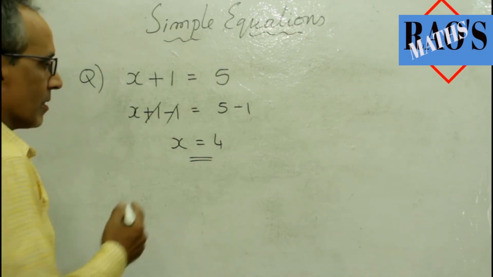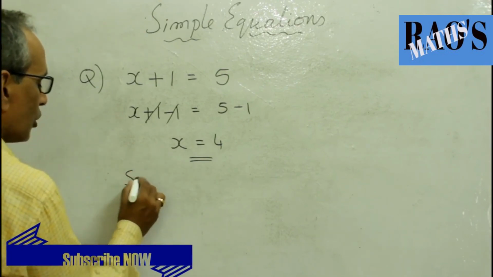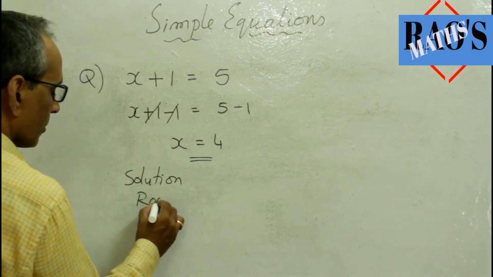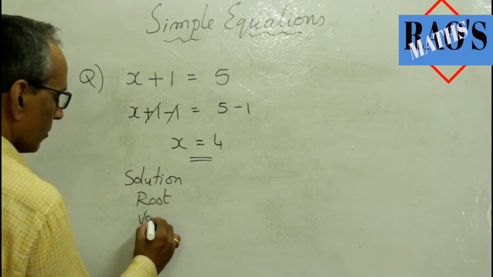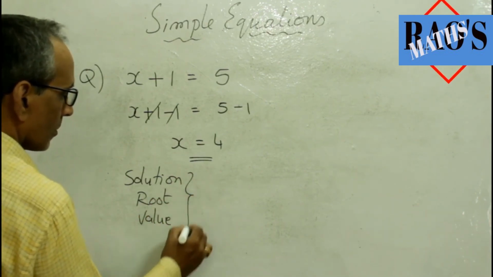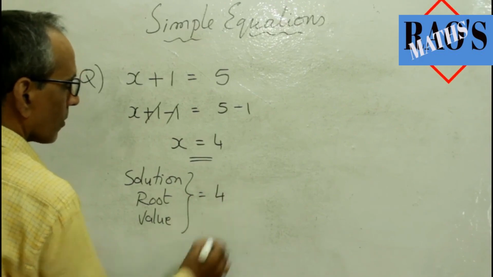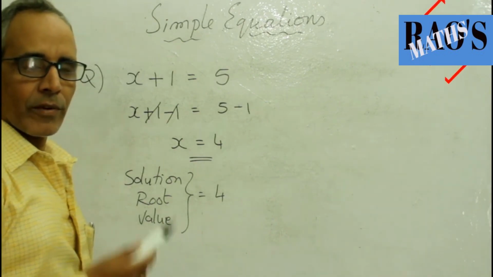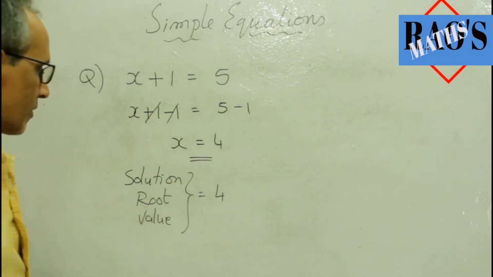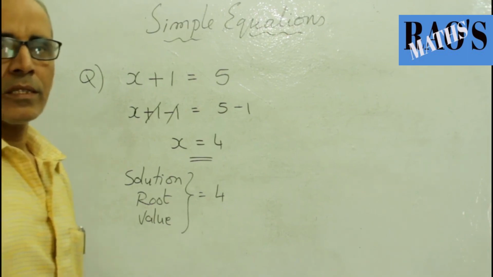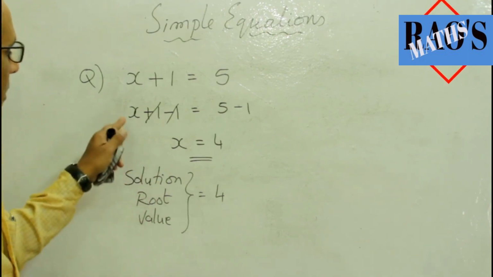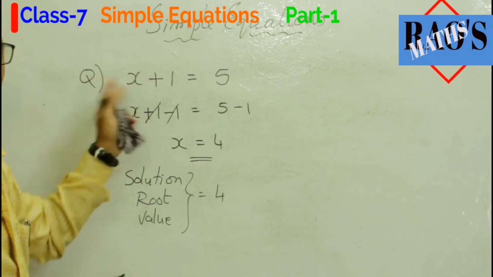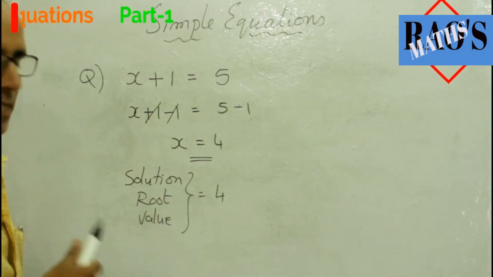So x is, we call x is the solution or root or value is equal to 4. We can call the 4 by different names: find the root of the equation, find the value of x, solve the equation. All mean we have to find the value of the variable. So here I found the value of x by separating x from the other values on the left hand side.